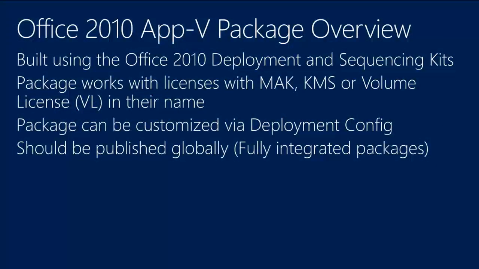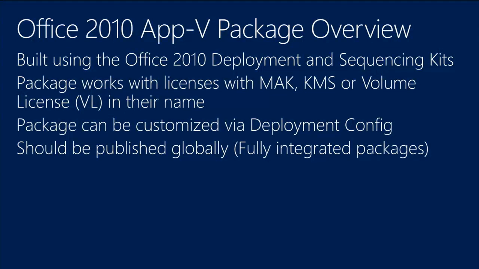Okay, so let me give you a brief overview of how this works, and then I have a few demos that I will go through to show how you can create an Office 2010 package and deploy it on your client. There are two things that you need to download, and there's a resource slide later on that has all the links to where you can read up on all the details about Office 2010 and how to create these packages. Basically, there are two pieces.